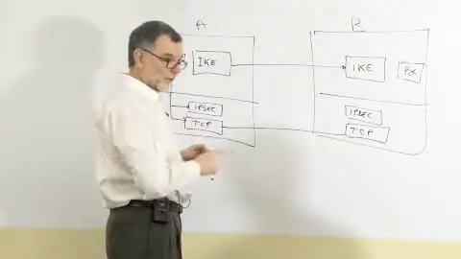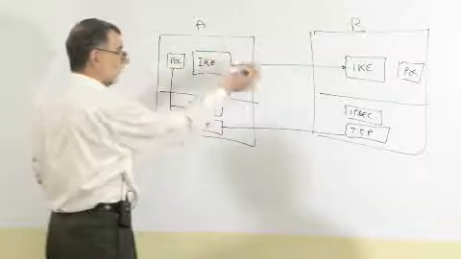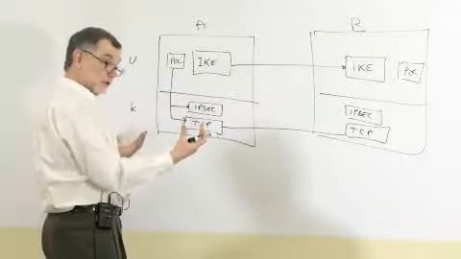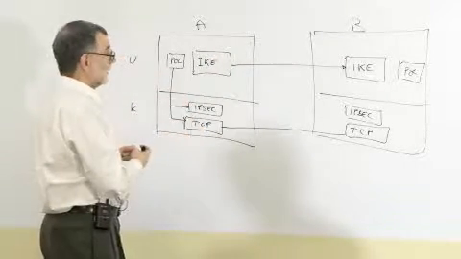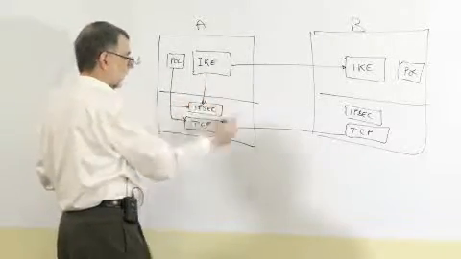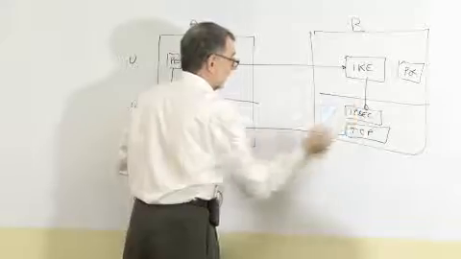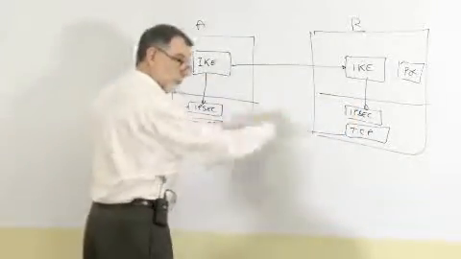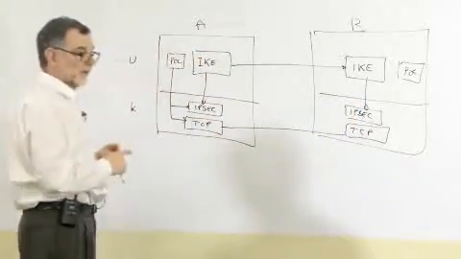And we'll talk a little bit more about authentication. And once they've authenticated with each other, this is the machines authenticating each other, not users, they will then establish some keying material that will be passed down to the IPsec layer, and then the TCP packets can now be encrypted or signed as required.